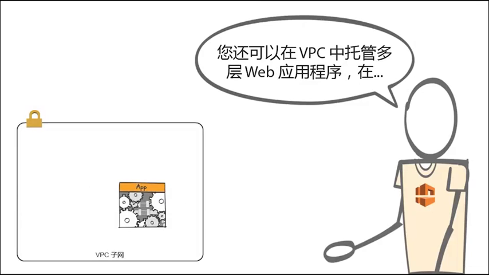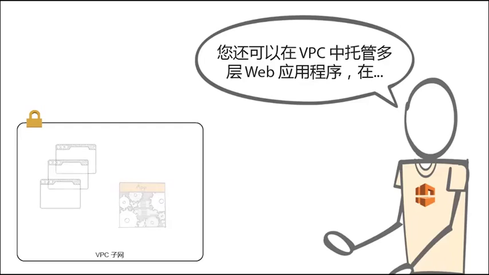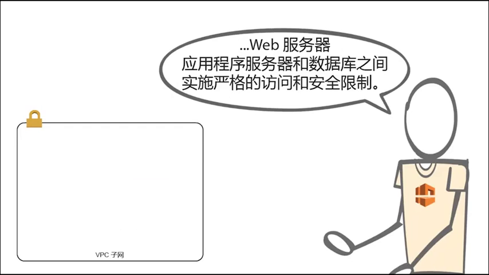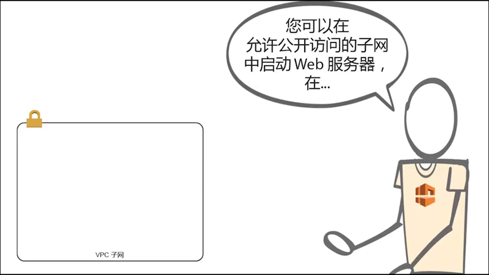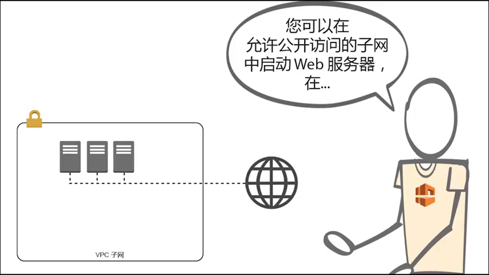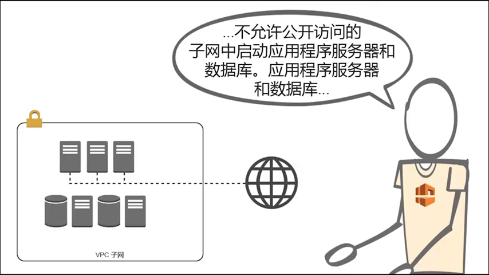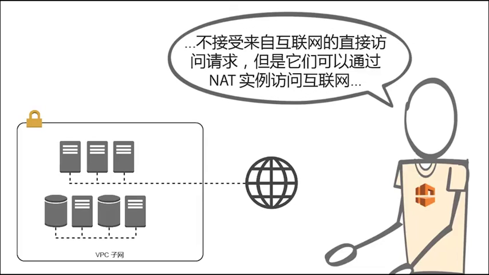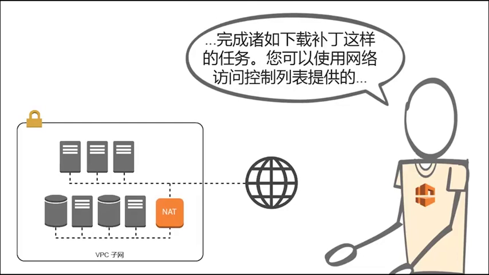You can also host multi-tiered web applications inside a VPC to strictly enforce access and security restrictions between your web servers, application servers, and databases. You can launch web servers in a publicly accessible subnet and application servers and databases in non-publicly accessible subnets. The application servers and databases can't be directly accessed from the Internet, but they can still access the Internet via a NAT instance for tasks such as downloading patches.